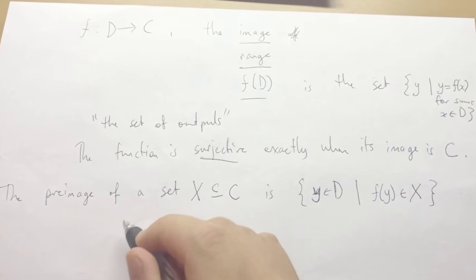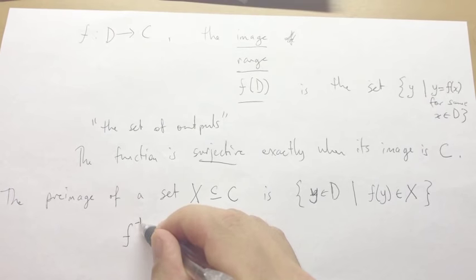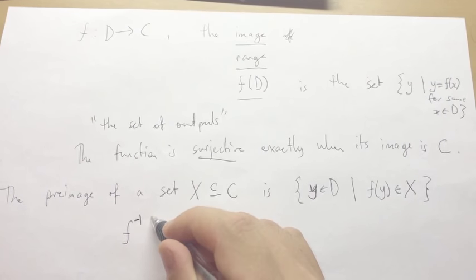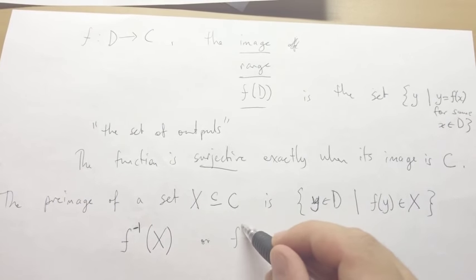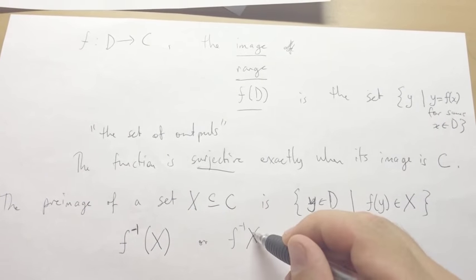Another notation for this is f inverse of X, or maybe f inverse of X without the brackets sometimes.